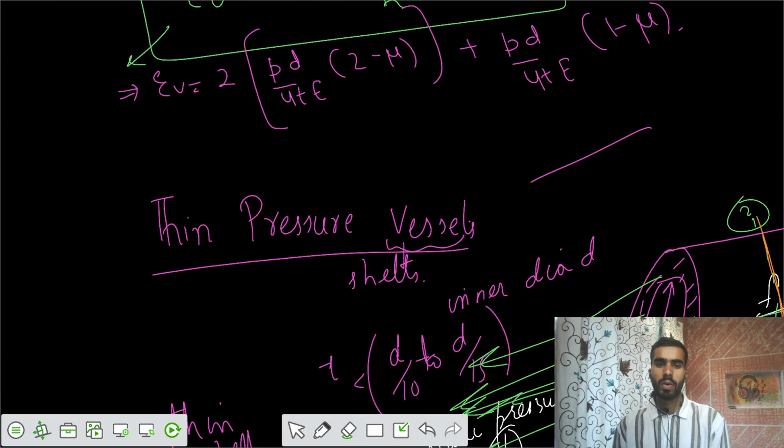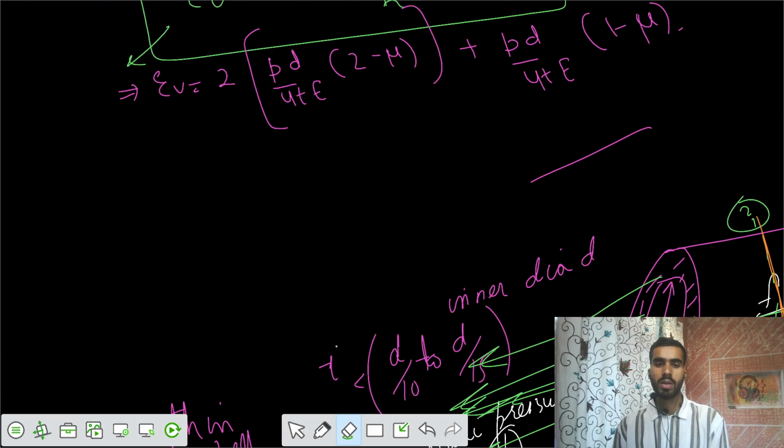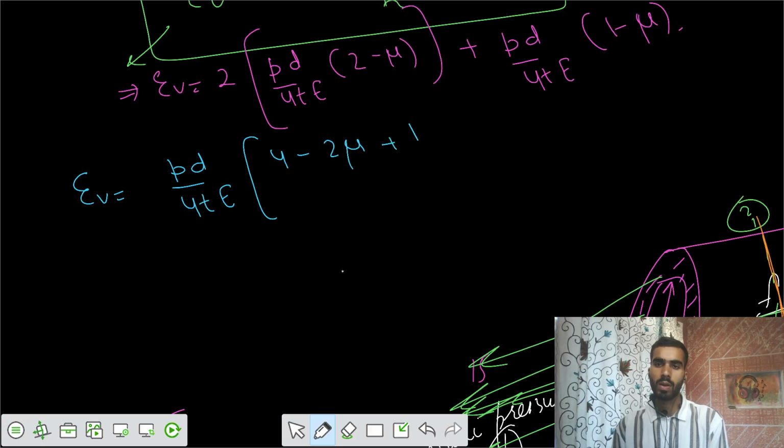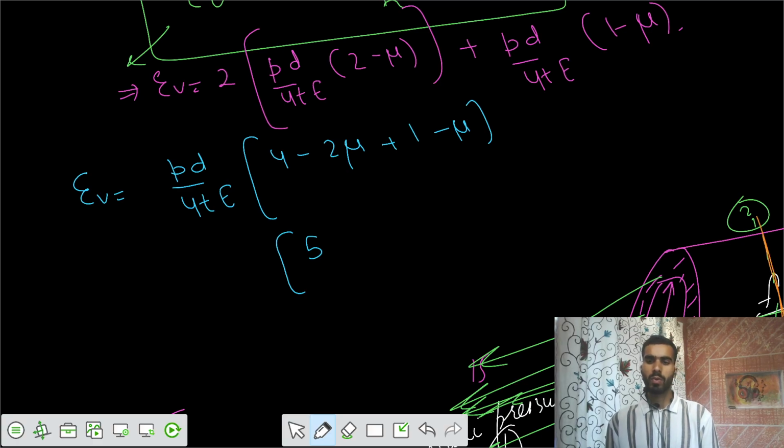Okay, now we can take a few terms common. Then volumetric strain equals PD by 4TE times 4 minus 2 mu, plus from this side 1 minus 2 mu.